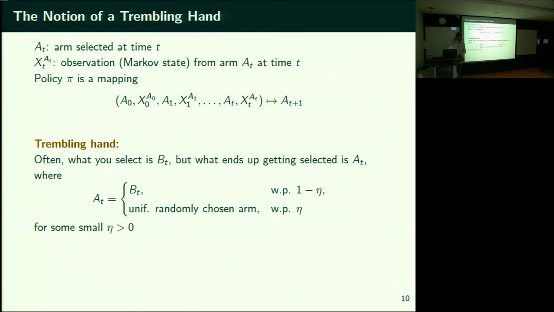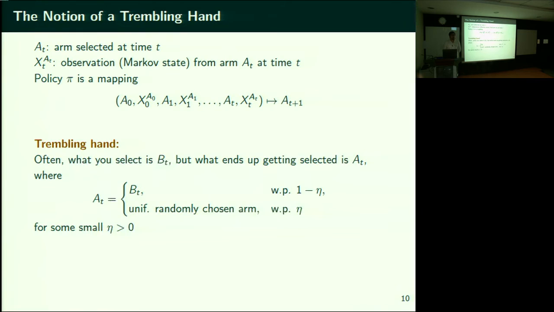You intend to focus at a certain location BT, but what your eye actually ends up focusing at is some other location AT. Now how are AT and BT related? AT and BT are equal with a high probability, 1 minus eta. Eta is a small parameter. But with some small probability eta, your eye gets focused to some other location, so AT is some randomly chosen movie to observe. This is what I'm going to call a trembling hand.